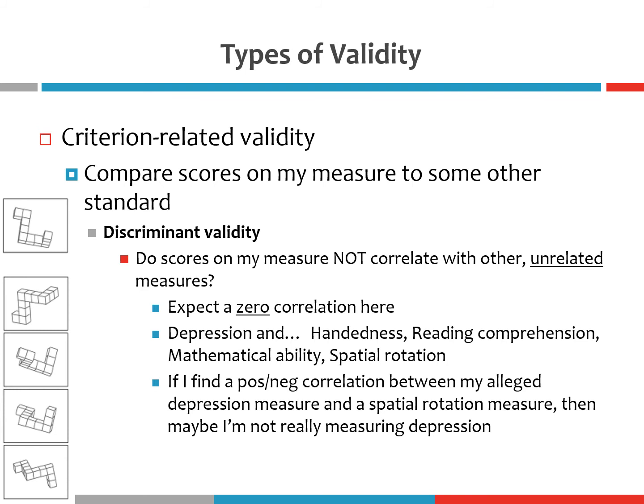If we found a correlation between depression and something totally different or totally unrelated, for example, if we obtained a positive correlation between our depression score and reading comprehension or mathematical ability or spatial rotation, so that people who were very good at these particular skills were also scoring very highly on our measurement instrument, then that might indicate that we're not really measuring depression.